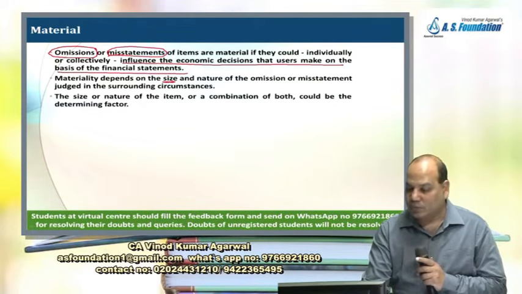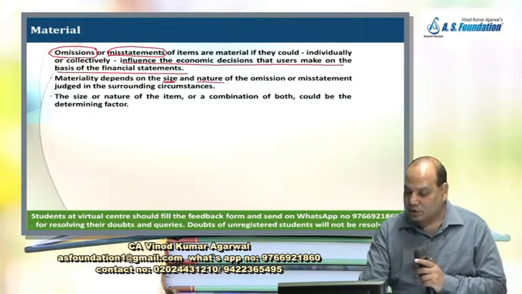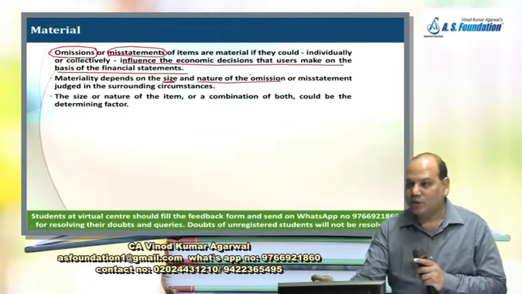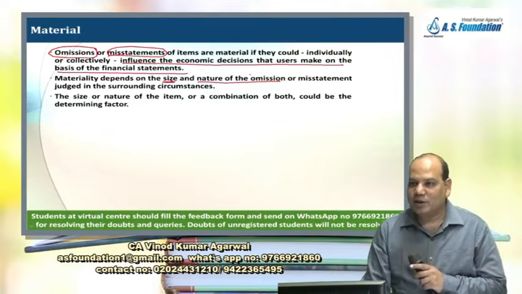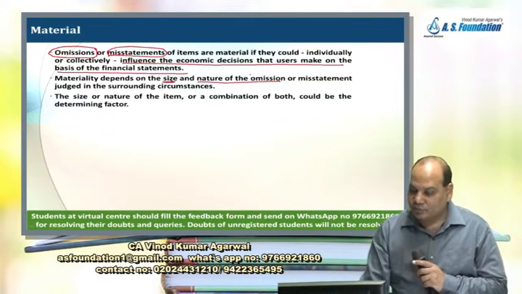But what is material is a subjective concept. So materiality will depend on the size and the nature of the omission. So if the MD commits a fraud of 1000 rupees also, it becomes a material item. Is it right?